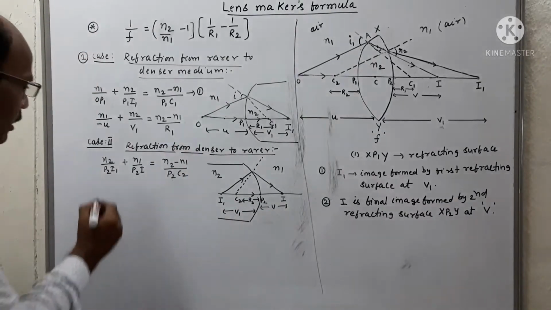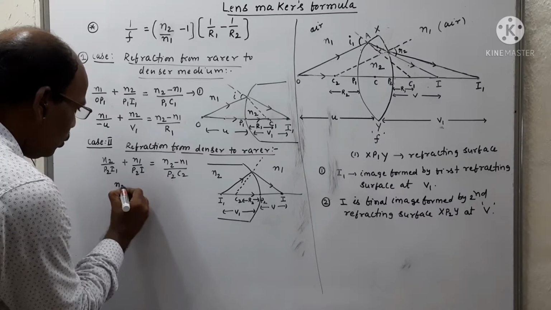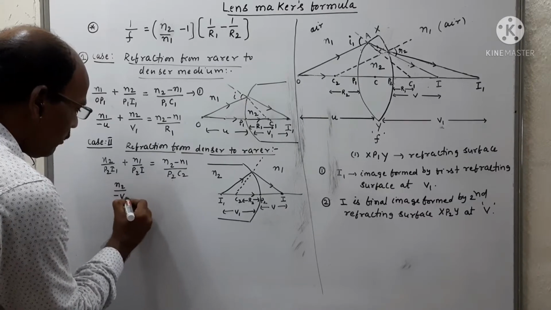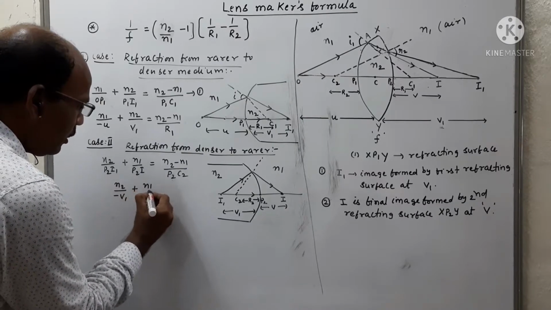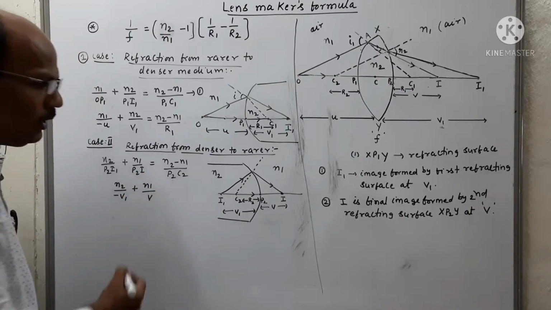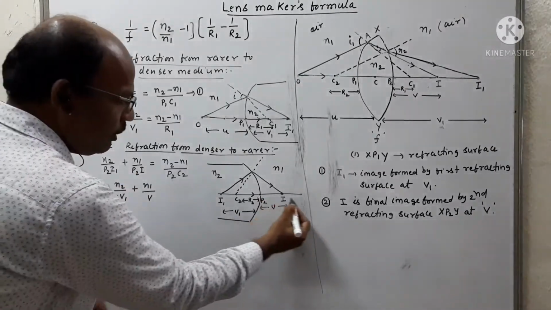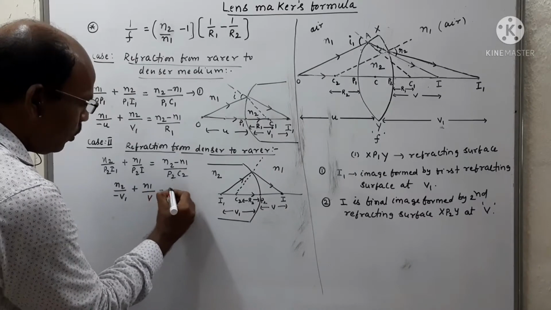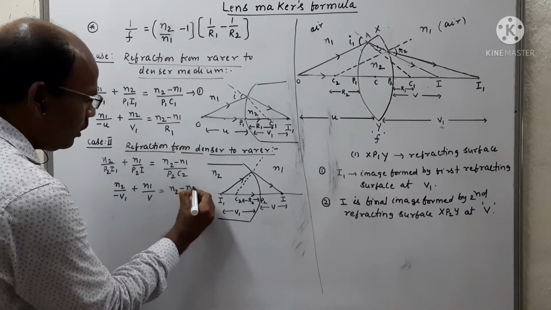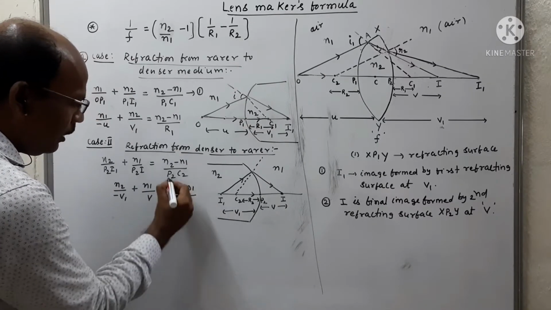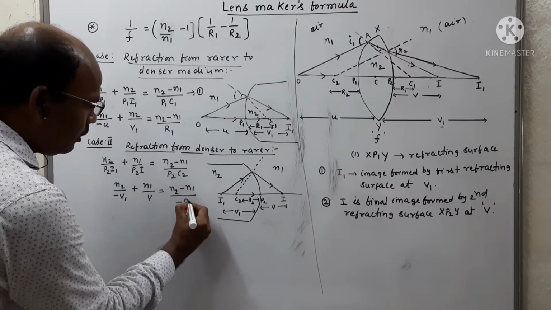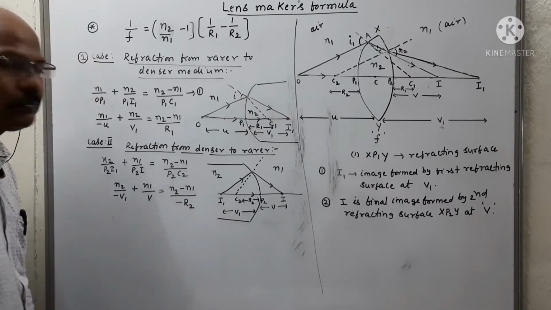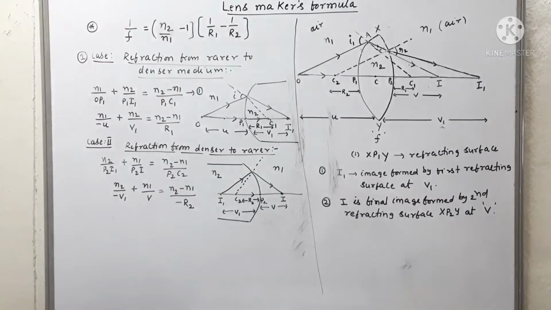Then we apply the sign convention: N2 by minus V1 plus N1 by V, since P2 I means V, is equal to N2 minus N1 by P2 C2, which is nothing but R2. Why?